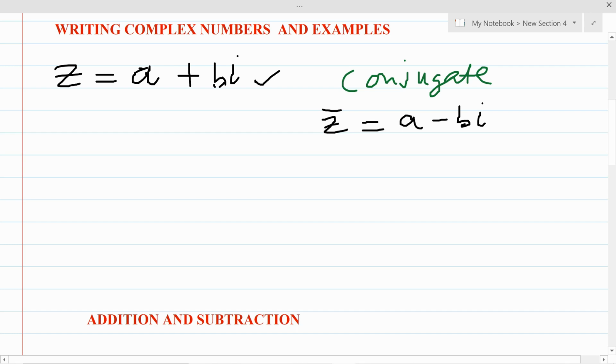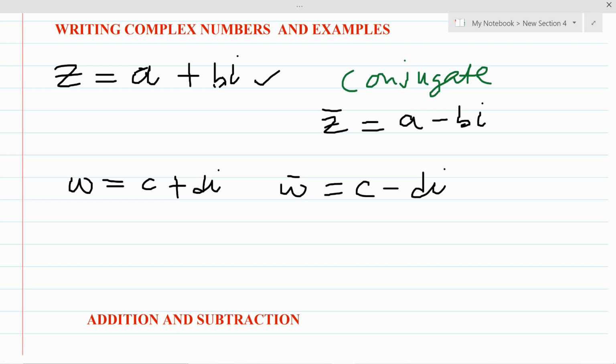With a minus bi, you could see that it has the same properties as the original complex number, but the only difference is that the sign between the imaginary and the real part is negative. It's the opposite of each other. So if I have a complex number, say w equals c plus di, then its conjugate w bar will be c minus what? di. They're very simple, right?